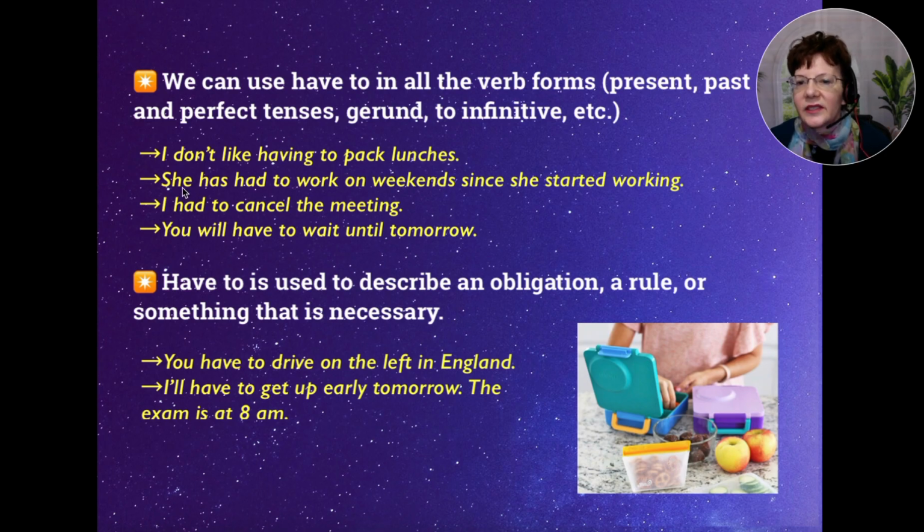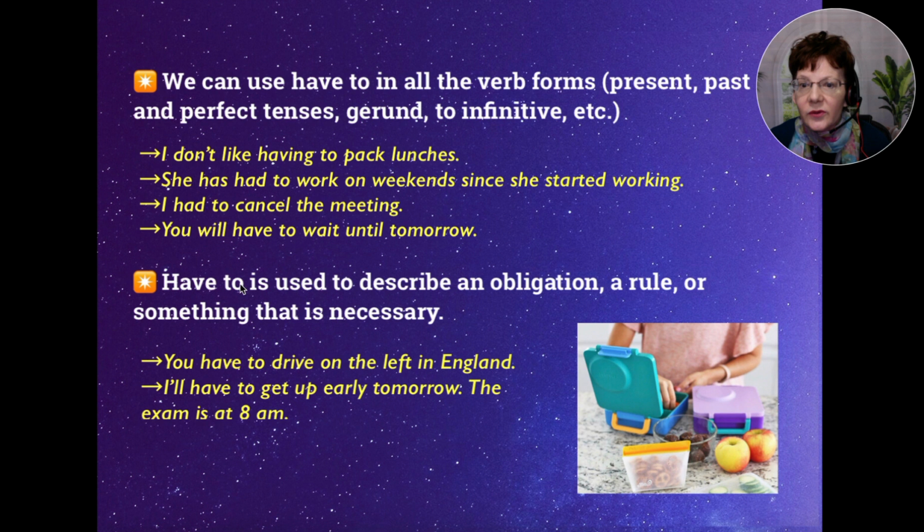In this one, she has had to work on weekends since she started working. So we've got present perfect here, has had to, and then we've got I had to cancel the meeting. This one's past simple because had is past for have. And then we have you will have to wait until tomorrow. This one's future, obviously.